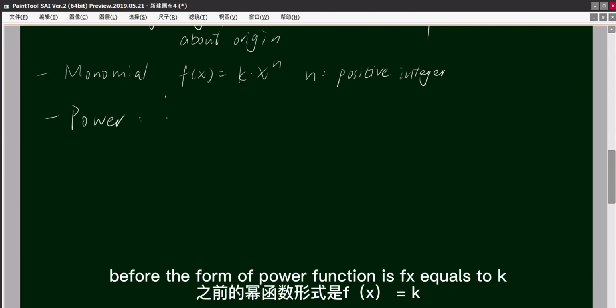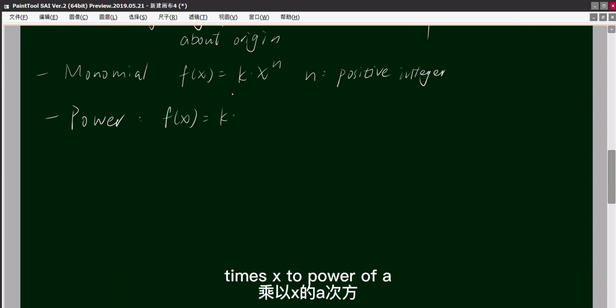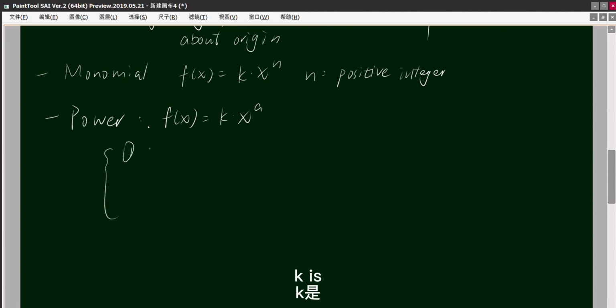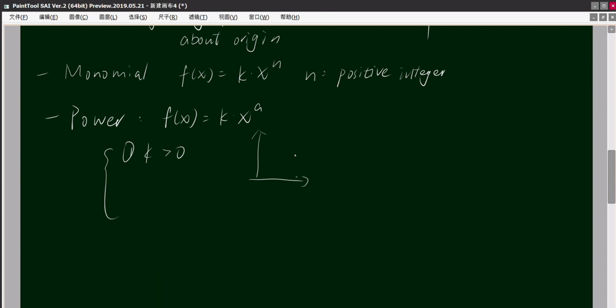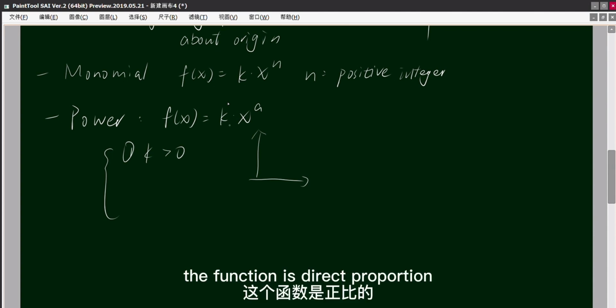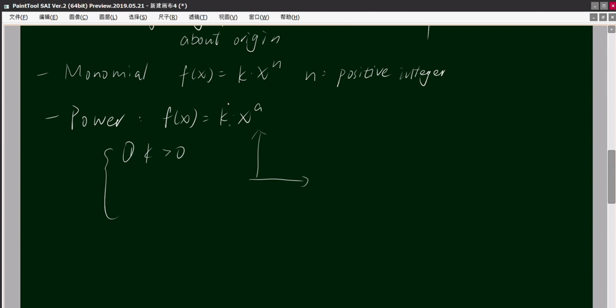And as we learned before, the form of power function is f(x) equals k times x to the power of a. And when k is positive, the whole graph is located in the first quadrant, because when k is positive, the function is direct proportion.